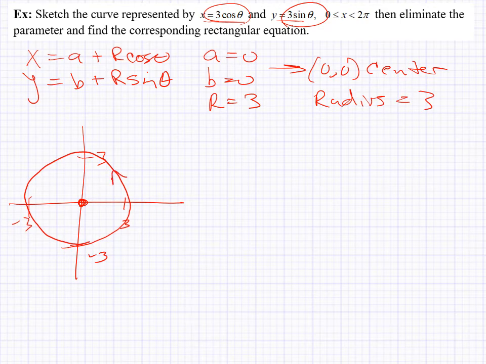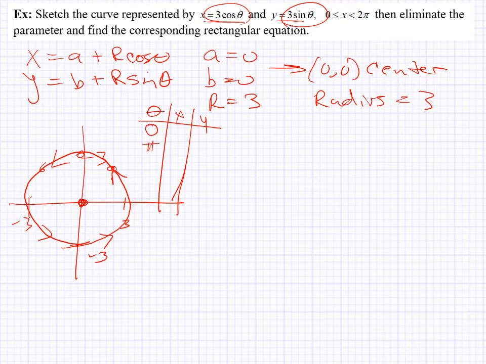It's also going to be oriented, remember, counterclockwise. We could also plot points on this circle by doing the same thing we did before with the line and make a table. We could have a theta, x, y table where we plug a particular theta value in, say 0 or pi or 2 pi or whatever, and we get a particular point. So let's just look at one of these. We plug in 0 as my angle theta. So you know an angle 0 is right here.